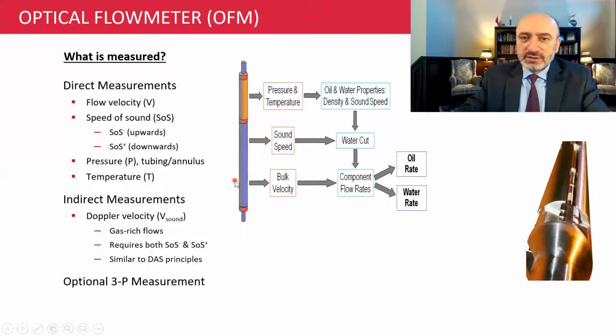And we need the bulk velocity to determine the total flow rate. We will be calculating the total flow rate by multiplying the velocity with the cross-sectional area. Once we find the water cut and the total flow rate, we can find the oil and water phase flow rates with simple algebra. We will talk about this in detail, how we are doing the measurements, in the coming sections.